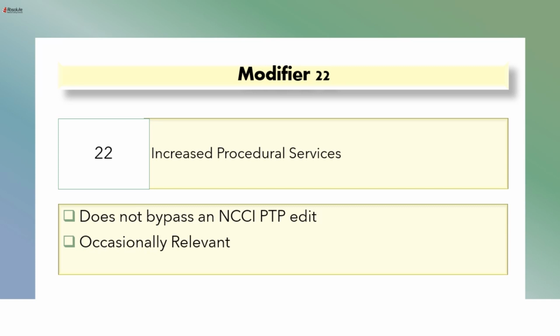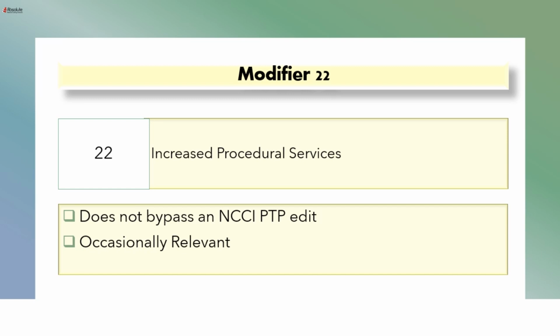However, if an NCCI procedure to procedure edit does not allow the use of a modifier, so it has an indicator of 0, it means that it cannot be bypassed, and that procedure qualifies as an unusual procedural service, the physician may report the column 1 code with a modifier 22.